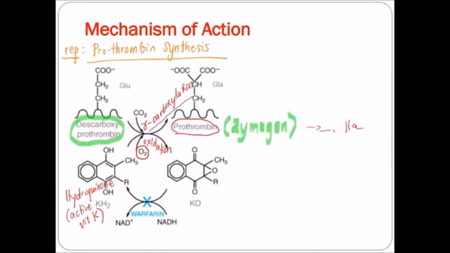Kaya nga ang tawag natin sa case ni prothrombin and other 1972 as well as protein C and S, sila ay mga vitamin K dependent clotting factors. Kasi kapag wala tayong hydroquinone na active vitamin K, walang gamma carboxylation, kaya wala kang zymogen. So pag wala kang zymogen, wala kang i-activate. Okay? Kaya siya vitamin K dependent clotting factor.